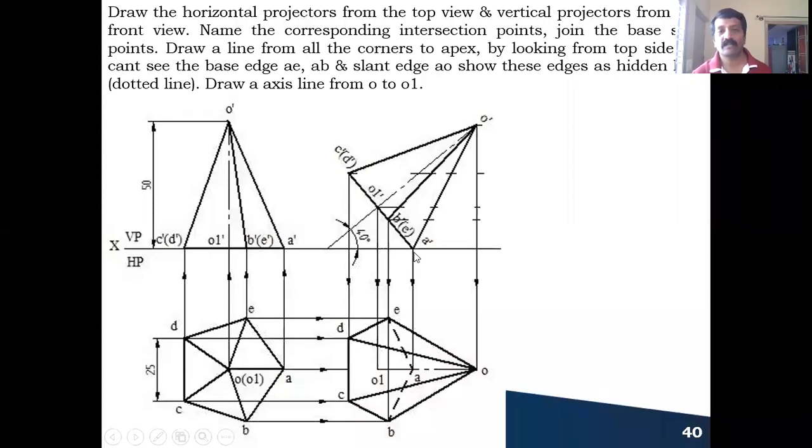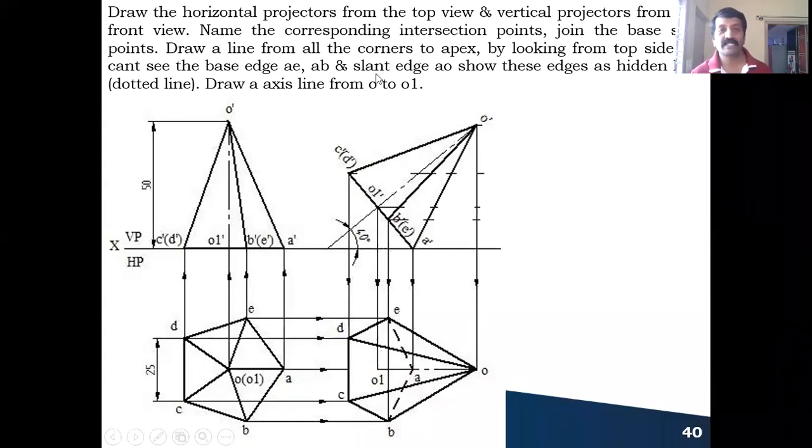Always, one clue I have given in the previous example, for any corner condition examples, in the second position top view, what are all the edges which are coming out from that corner we cannot see. So base edges, A to E and A to B you cannot see. A to B and A to E, you cannot see the base edges. You mark them as hidden edges, a dotted line like this.